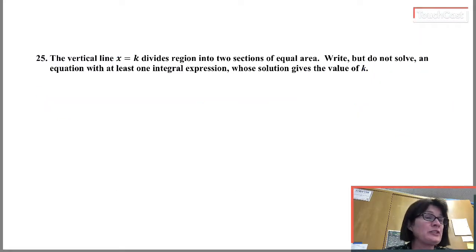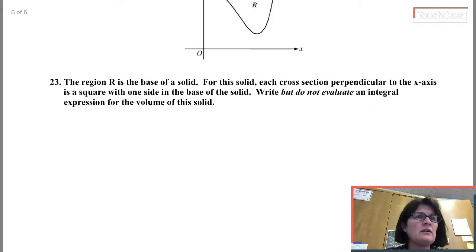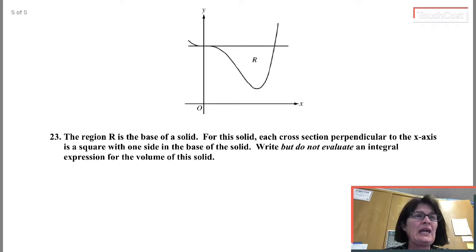All right, here I'm going to answer question 25, but I'm going to scroll back up here so I can see this picture. The vertical line x equals k divides, oh, this should say region R, into two sections of equal area, right? But do not solve an equation, write an equation with at least one integral expression whose solution would be k.